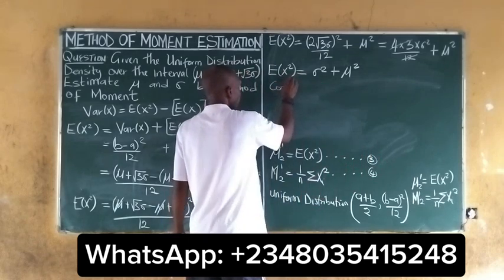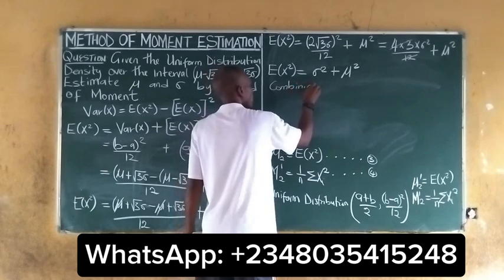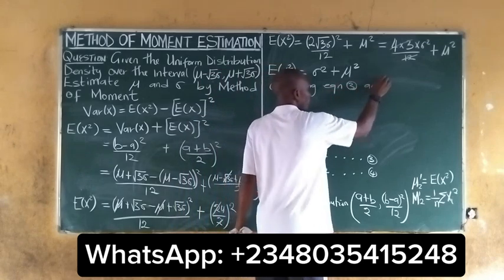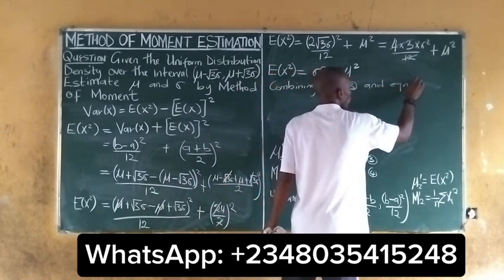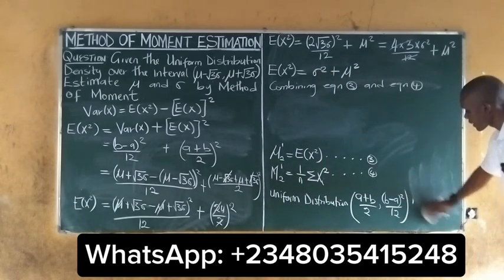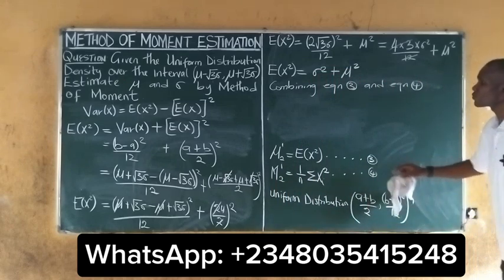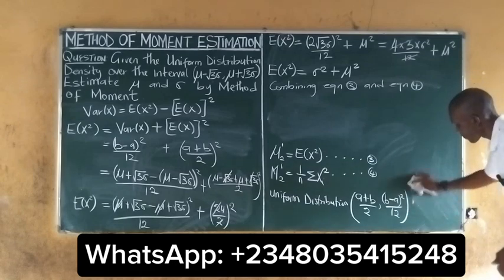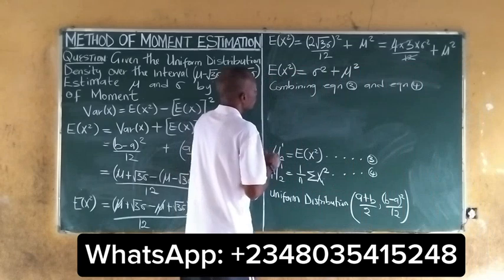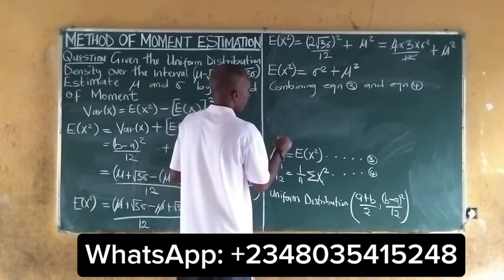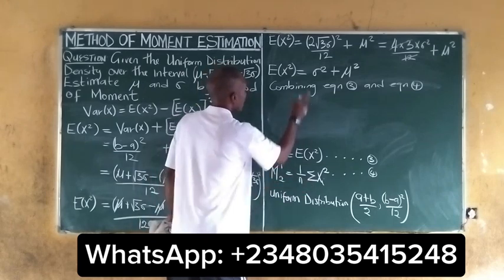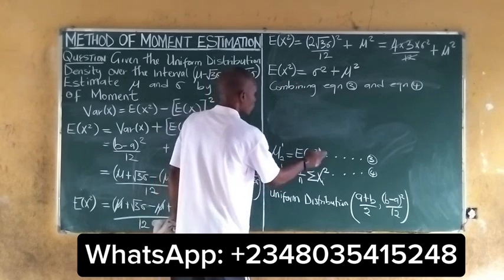Combining equation 3 and equation 4. That means combining these two. We'll have our sample moment to be this, and we'll have our expected value to be this.